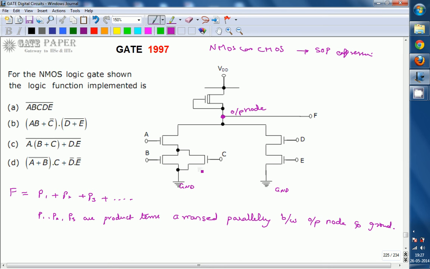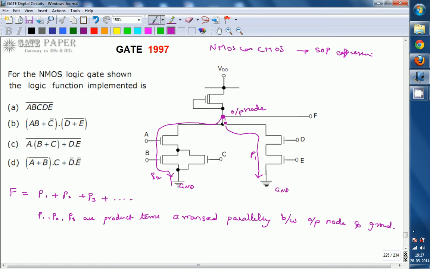First I will write the parallel branches. From the output node, the first parallel branch goes through D and E towards ground, this is the first parallel branch, P1. The second parallel branch is between A and B towards ground, this is P2.